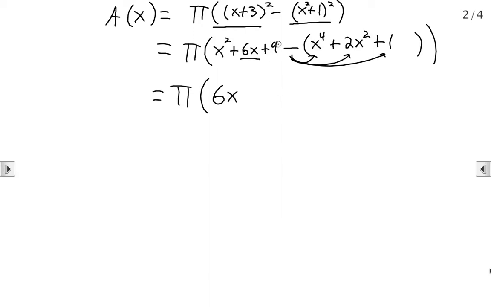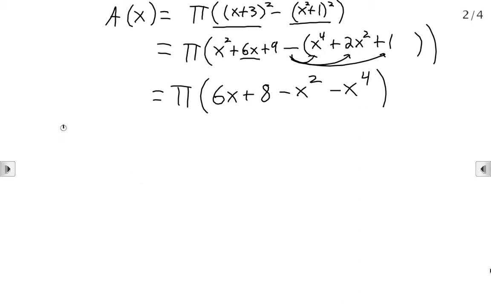We do see that 9 minus positive 1 should be a positive term. And then we have our negative terms, an x squared minus a 2x squared, and an x to the 4th, which is negative. We don't have any like terms. We've expanded and combined like terms.